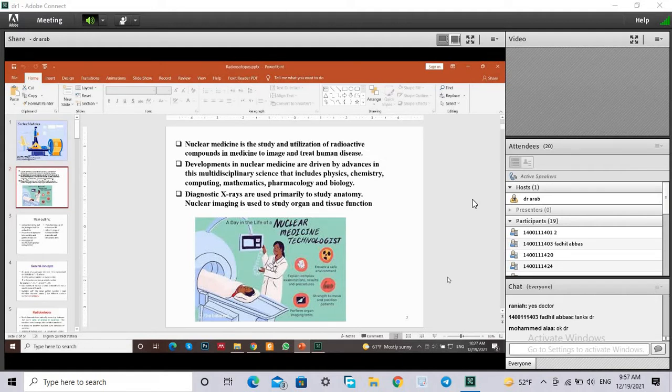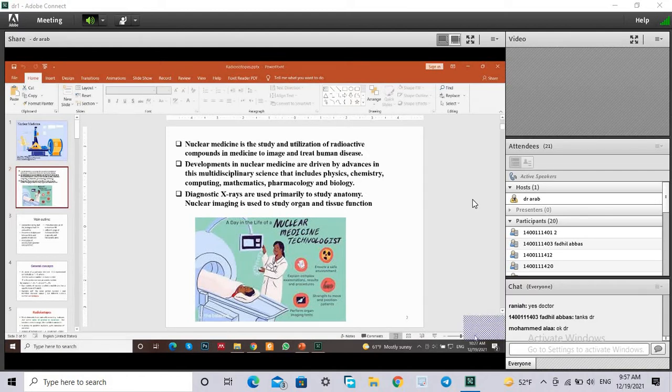But nuclear medicine enables us to visualize the organ and tissue as well as function. In fact, we can conclude that with nuclear medicine we can see our tissue based on function, and it provides information based on the function of the tissue and the body.